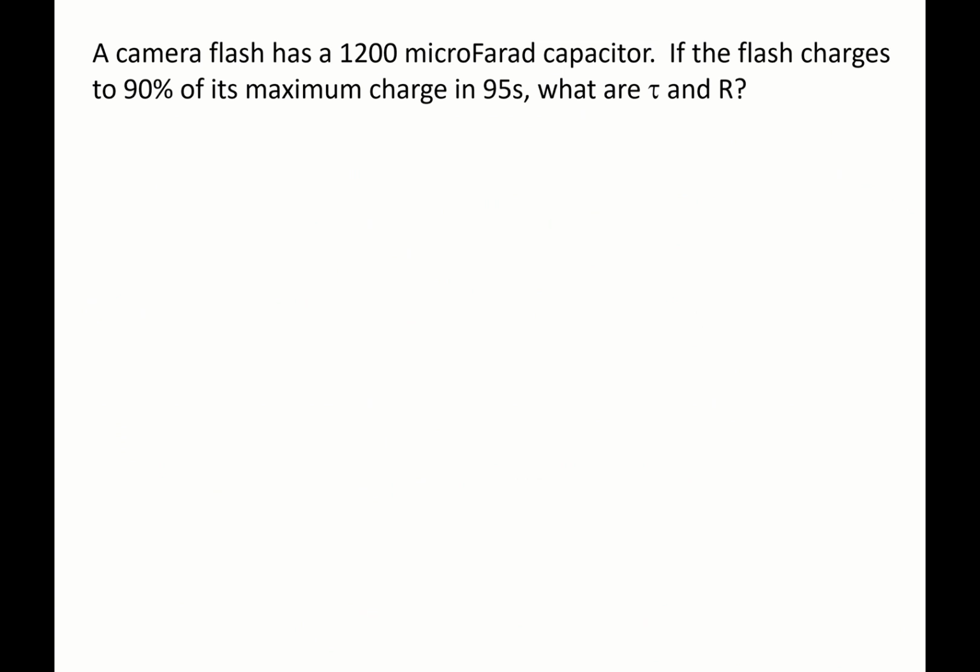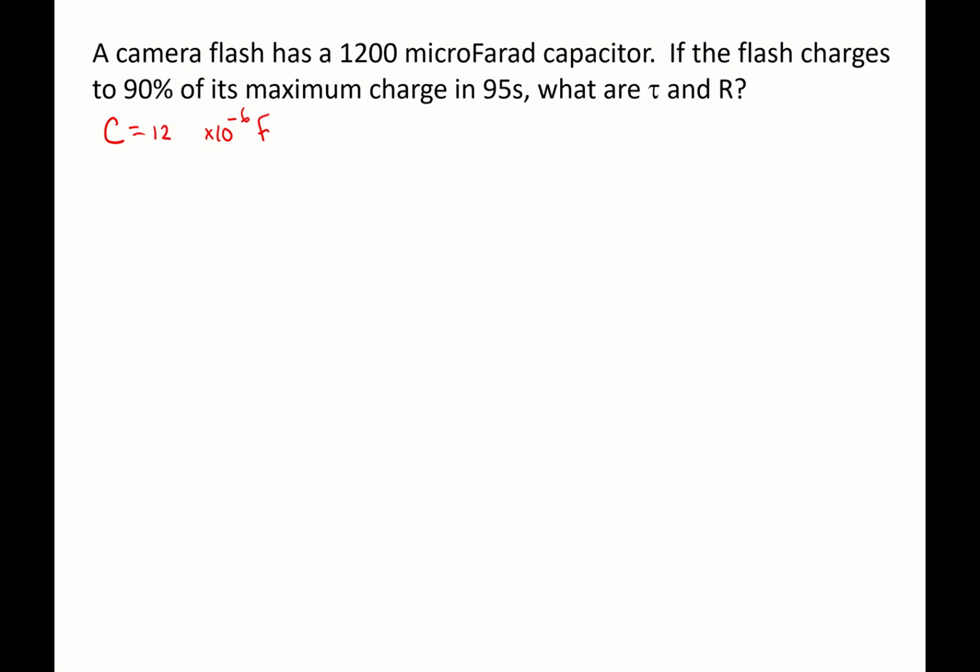The more complicated one is where we have to pull something out of the exponential. So let's look at one like that. Here I've got a camera flash. It's got a 1200 microfarad capacitor. So C is equal to 1200 times 10 to the minus 6 farads.